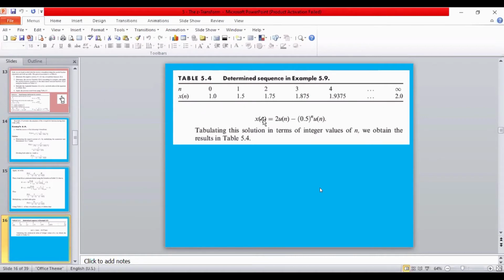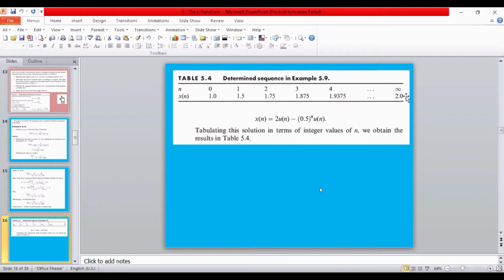So, of course, 2 times unit step is always 1, right? So it will be always constant 2 minus something. And instead, if you place n as 0, so 0.5 raised to the power of 0 will be 1. So that's why 2 minus 1 will make it 1. So we just confirm the calculations.